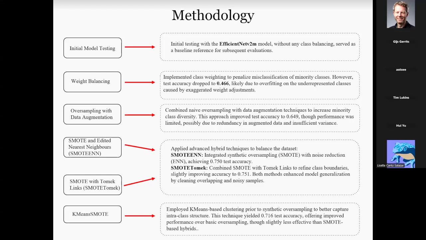SMOTETomek also uses SMOTE for generating synthetic samples, combined with Tomek links, which are pairs of samples from different classes that are close to each other. In that way, removing these pairs helps to clean the data, remove the noise, and have better class boundaries. So basically, these are two hybrid methods that do oversampling and undersampling.